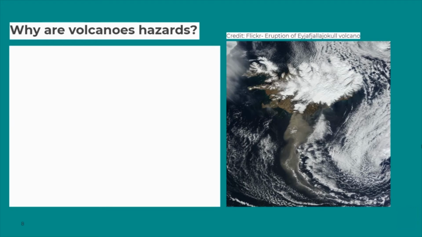I would normally, if I didn't know how to write it in an exam, put the Icelandic volcano. Now, as you can see on that satellite photograph, there is a huge amount of ash, that dark grey colour that makes it into the sky. So why does that pose a hazard risk?